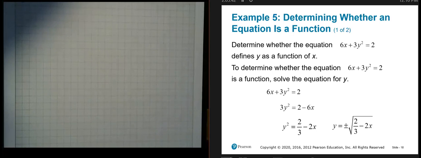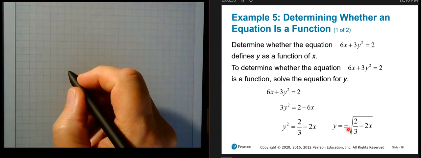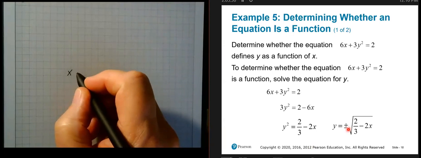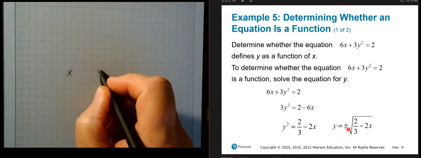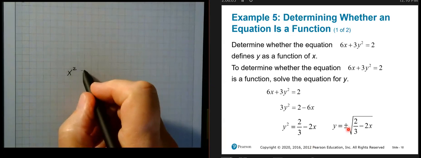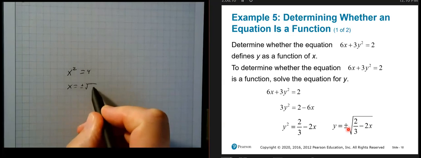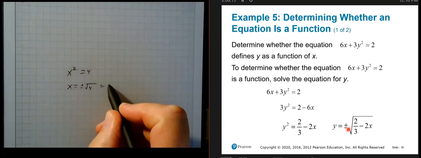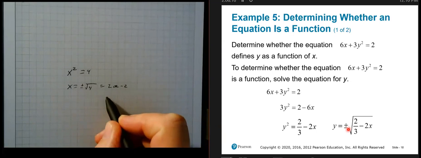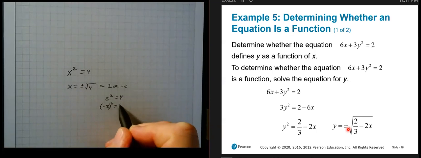Something happens when you take the square root and it's not there to begin with. You have to throw in the plus or minus. When x squared equals 4 and I take the square root, then I'm talking about plus or minus the square root of 4, which gives me a 2 or a -2, because 2 squared is 4 and -2 squared is 4.